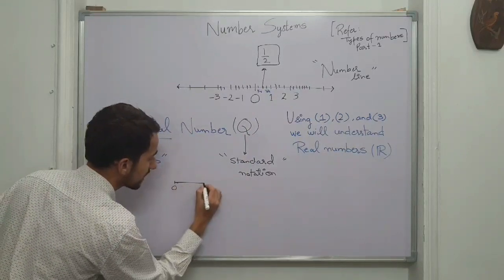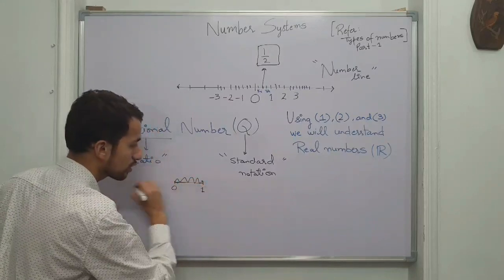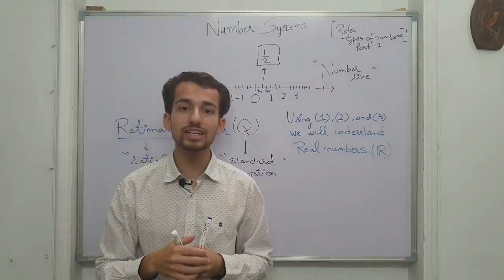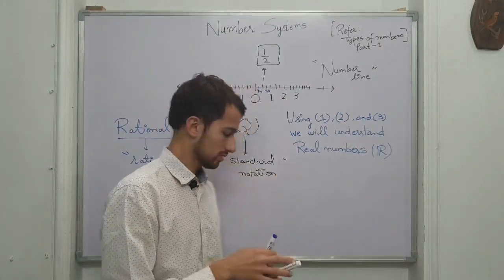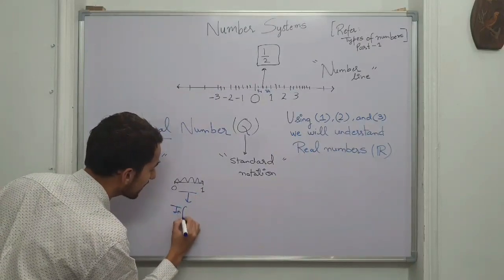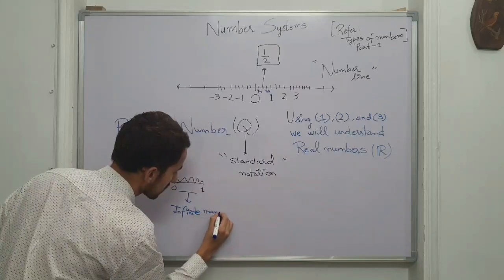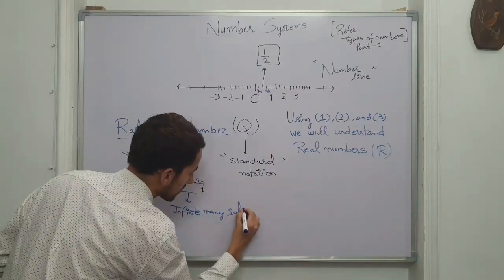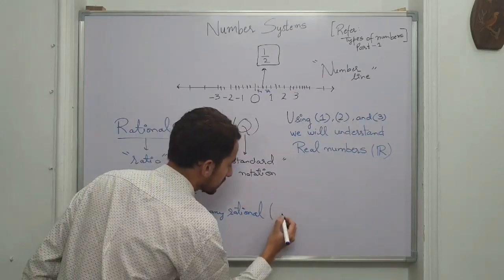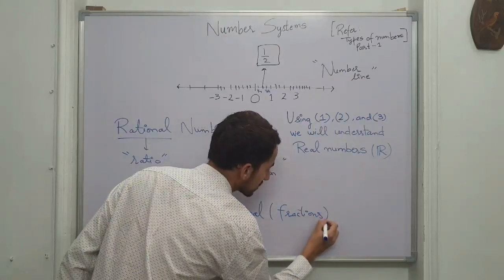Here is 0. Here is 1. So this length, from 0 to 1, has infinitely many rational numbers. How many rational numbers are there? Infinite. So between 0 and 1 there lie infinitely many rational numbers, simply, or you can say fractions.